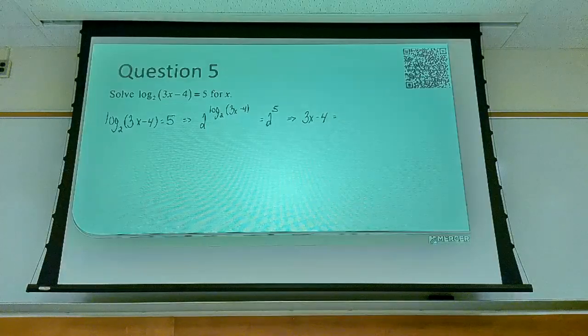The whole point of that was to get rid of the logarithm. You're left with 3x minus 4. What's 2 to the 5th power? 2 to the 5th, 32.